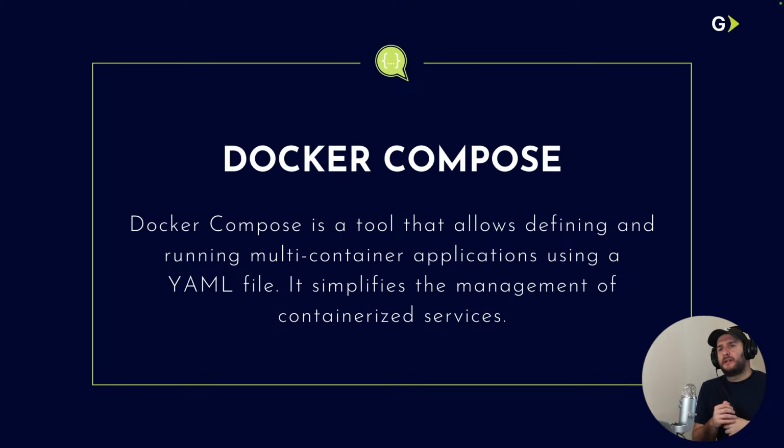For example, if we have a Spring Boot application, maybe we will have a backend part of the application, then a database, then maybe a cache like Redis, or a message broker like RabbitMQ or Apache Kafka.